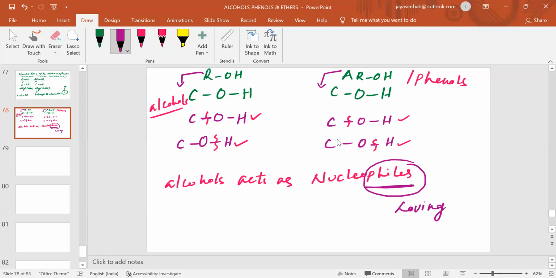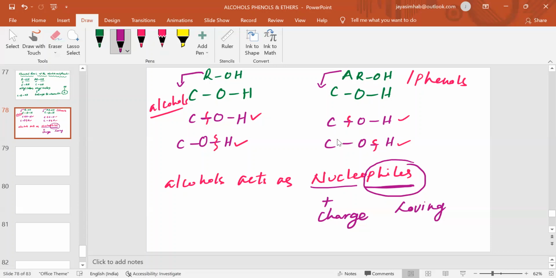So it is loving towards nucleo. Nucleo means positive charge, or nucleus. What is the charge of the nucleus? Positive. That's why you write like this: a nucleus-loving species is called a nucleophile. So what is a nucleus-loving species? A positive charge attracting species, the species which will move towards positive charge, meaning that it will have more negative charge. That is the meaning, right?